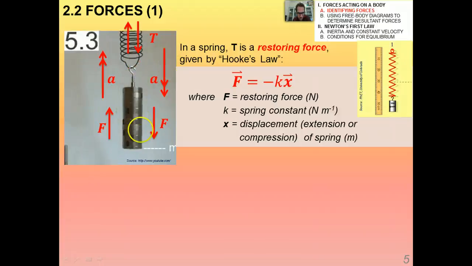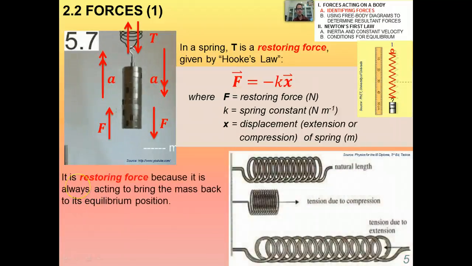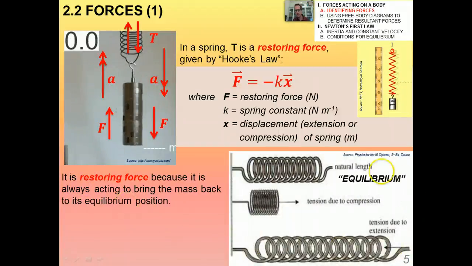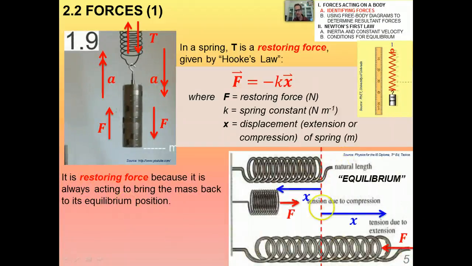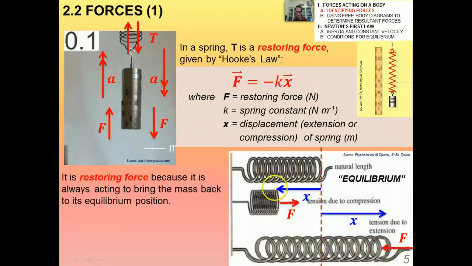When it's going downwards, okay, the force is acting downwards, tension downwards, and the actual mass is accelerating downwards in simple harmonic motion. It's restoring because it's always acting to bring the mass back to its equilibrium position, which is its natural length here, okay? Okay, so again, when you compress a spring, there's a force in it, a tension that pushes opposite to the direction in which it's been displaced.